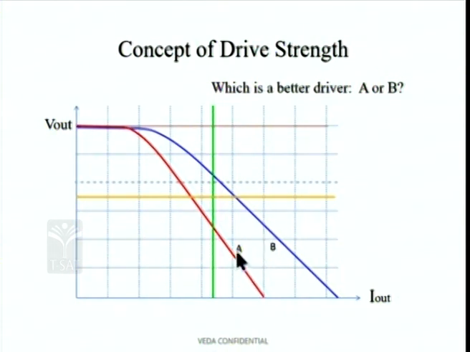I have named the first driver A and the other driver B. Obviously, B has got a lesser slope than A. The slope is negative, but a larger slope represents a larger internal resistance, and a smaller slope represents a smaller internal resistance. Therefore, B is a better driver because it has got a smaller slope than A.